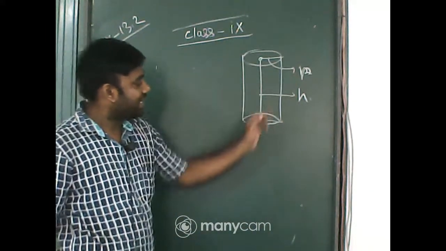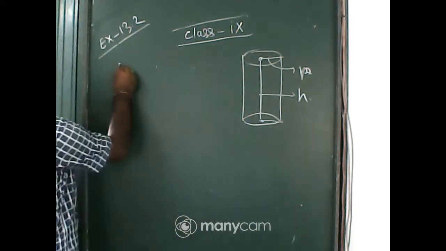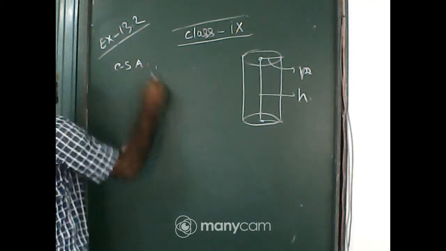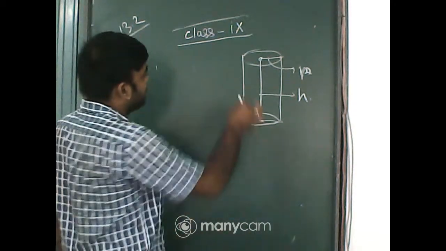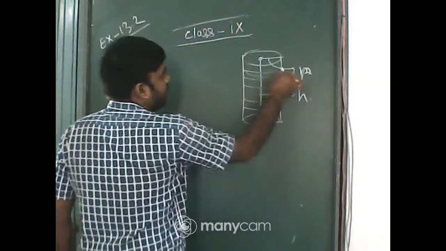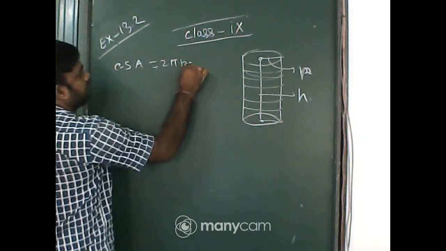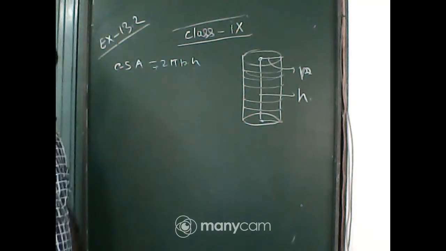So radius and height. Total curved surface area means this area. The direct formula for curved surface area is 2 pi r h.